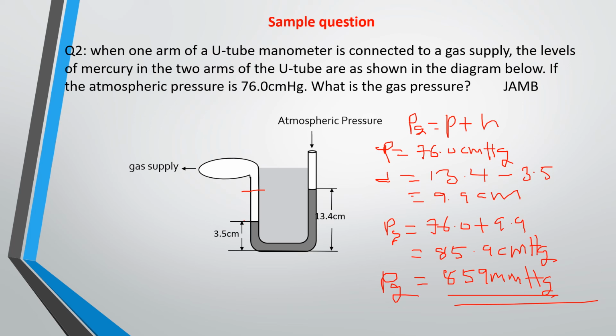Fine. Right now we are going to start to discuss the gas laws. We've talked about pressure, we've talked about pressure measurement, but what about the gas laws? So we'll now start with Boyle's law.